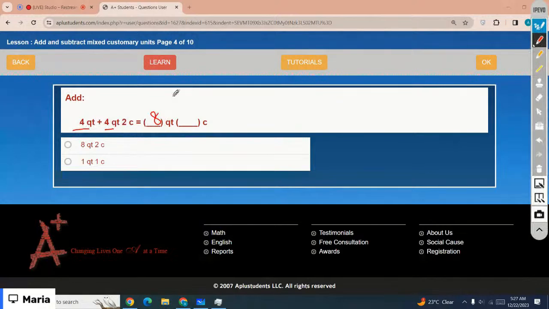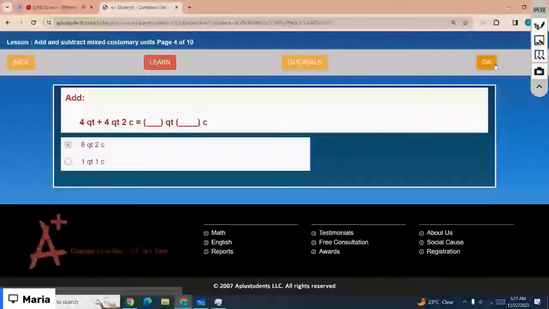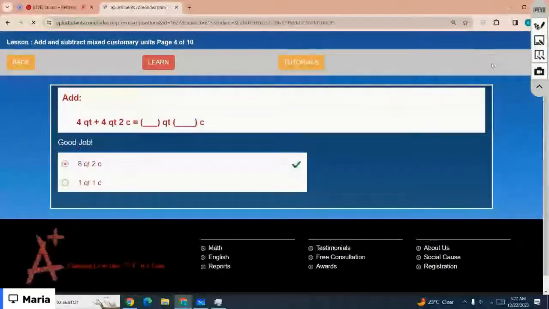You are not given cups in the first quantity, so the 2 cups stay the same. That would be 8 quarts, 2 cups. The correct option is option number 1, that is 8 quarts and 2 cups.